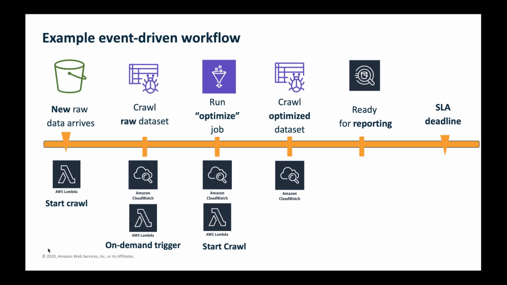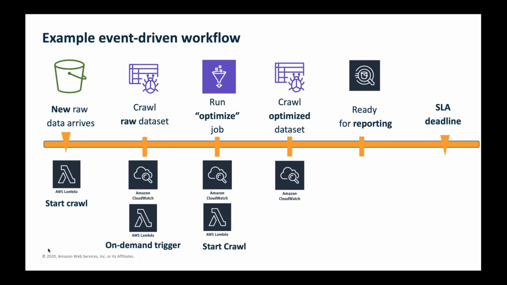In this example, it's real simple. We're just going to run our optimized job. That will go parse and perform some ETL on the data in our new raw bucket, and then move it into a new optimized bucket. So we're generating a new data set based on the raw data that hit S3.